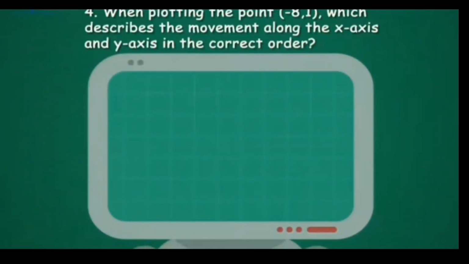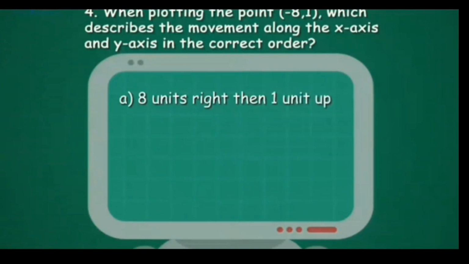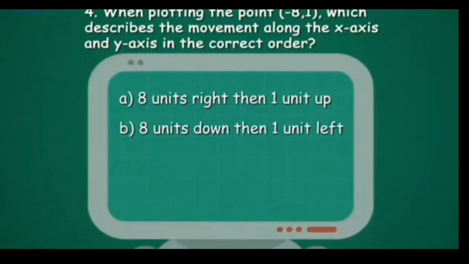Number 4. When plotting the point (-8, +1), which describes the movement along the x-axis and y-axis in the correct order? A. 8 units right, then 1 unit up. B. 8 units down, then 1 unit left.